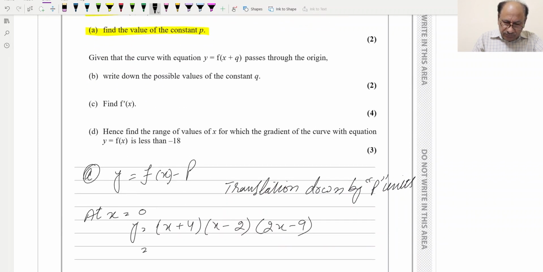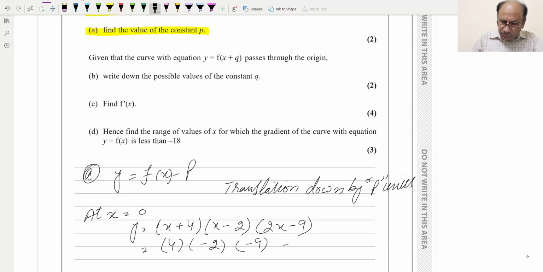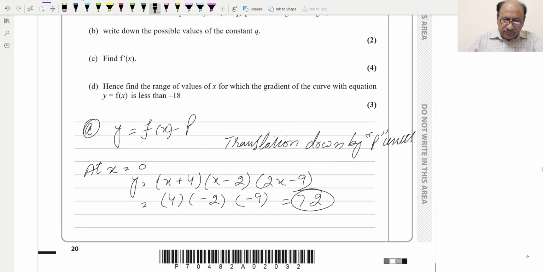So if we replace, this will be 4 into minus 2 into minus 9, which will be equal to 72. So y value in that case when x is equal to 0 will be 72.